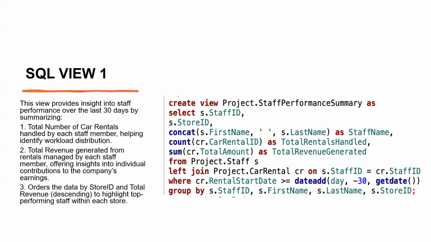In this view, we will return each staff member's total number of car rentals handled, and also the total revenue generated from rentals managed by each staff member. And I set a time here, so it will only count all the car rentals in the last 30 days.